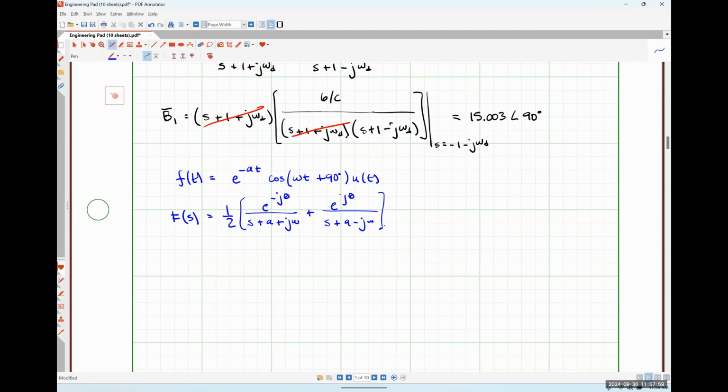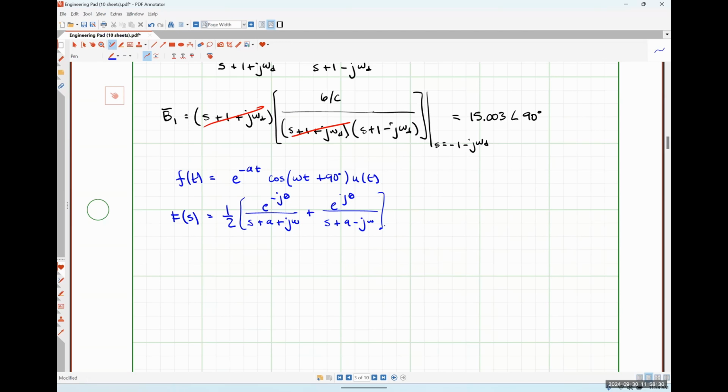Okay, so this is right. We have A, we have omega, we have this magnitude 15.003, so we're going to double that because of this factor of 1/2, and we have our phase angle. So I think we are ready to apply this transform to the results here, and we're good to go.